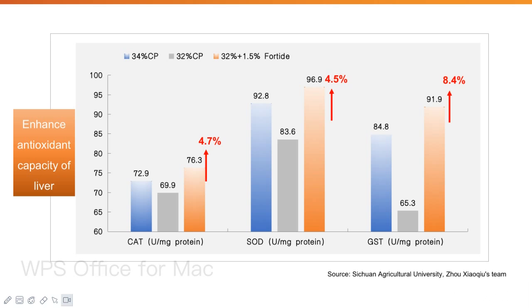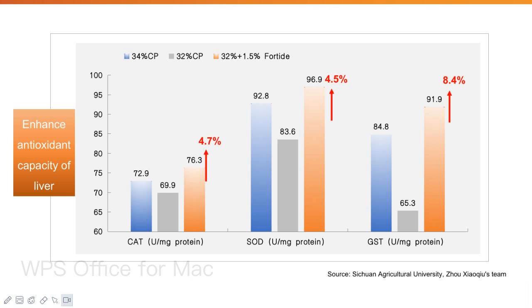So the 34% CP diet was the positive control and the 32% CP diet was the negative control, and we added different levels of Fortide on the basis of the negative control: 1%, 1.5%, 2%, 2.5% and 3%. And this trial lasted for 56 days.